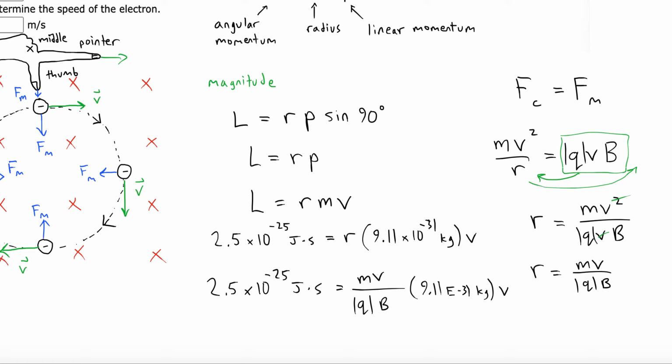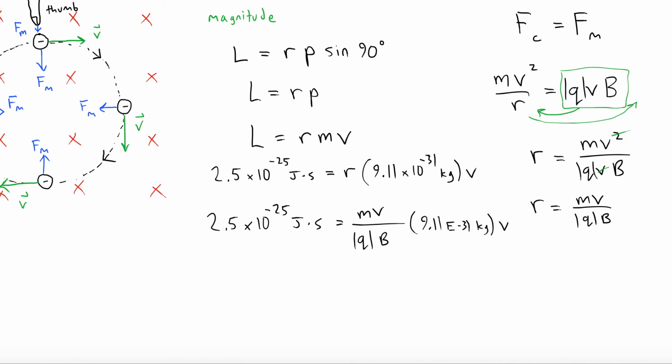With this in mind, we should be able to solve for v first, which would be the speed of the electron. Then we can go back and get the radius as well.